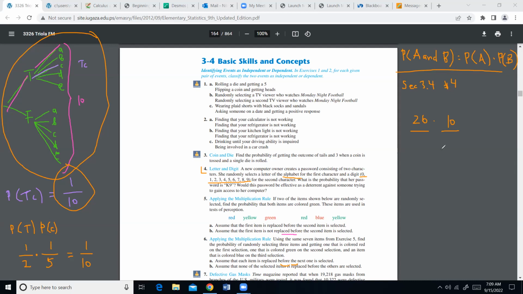And since they want to know the probability that you get a particular password, then we can see the total, which is 260 here, because with each letter you have 10 choices for the digit. And then out of these 260, there is only one password that is called K9. So only one out of 260 possible passwords.